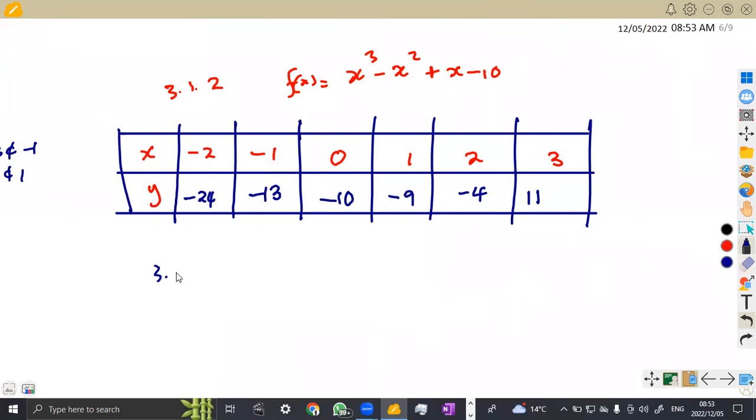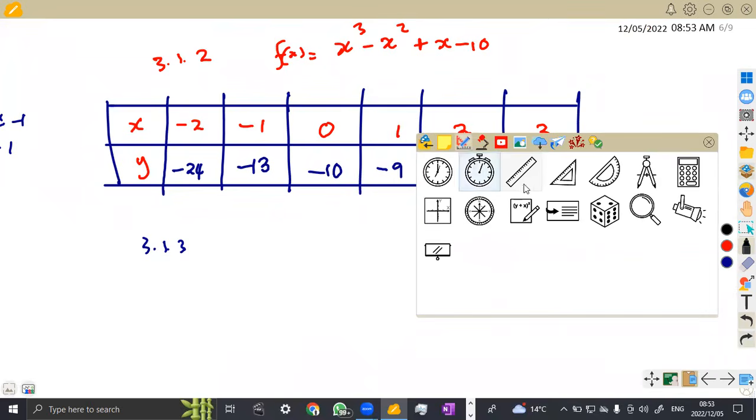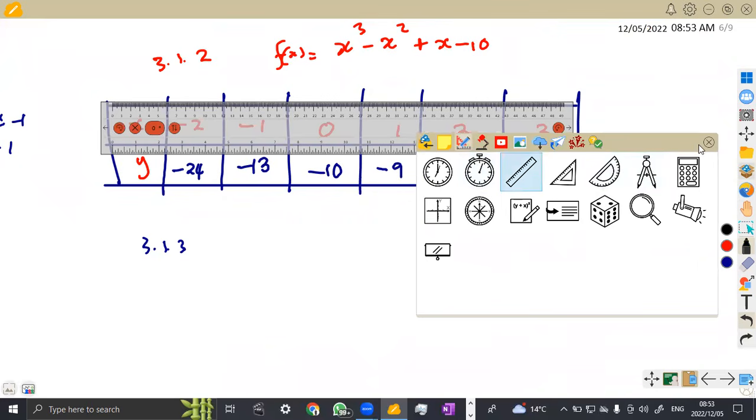This is 3.13. Okay, so we're going to have our f of x just from -2 to 3. Okay, so let's just do this, guys. I'm trying to put something here. Maybe it will work.